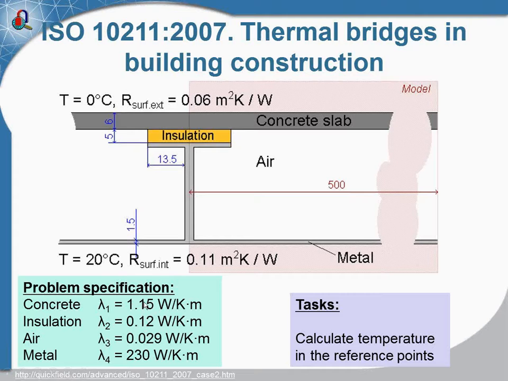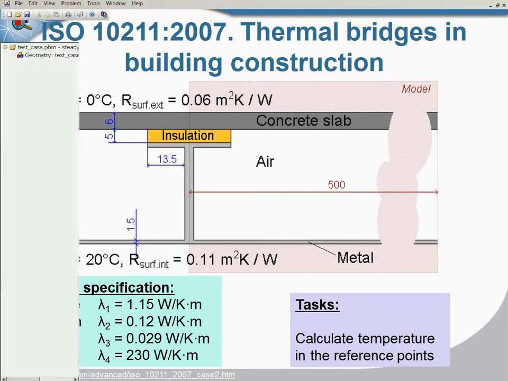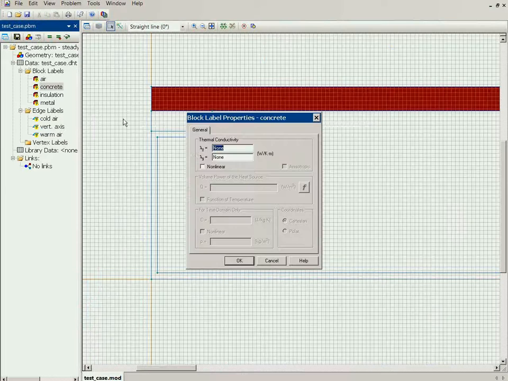Now let's check. For the concrete I should specify 1.15, and for the insulation 0.12. Concrete 1.50. This is the static problem, so I do not specify the specific heat, nor the mass density.